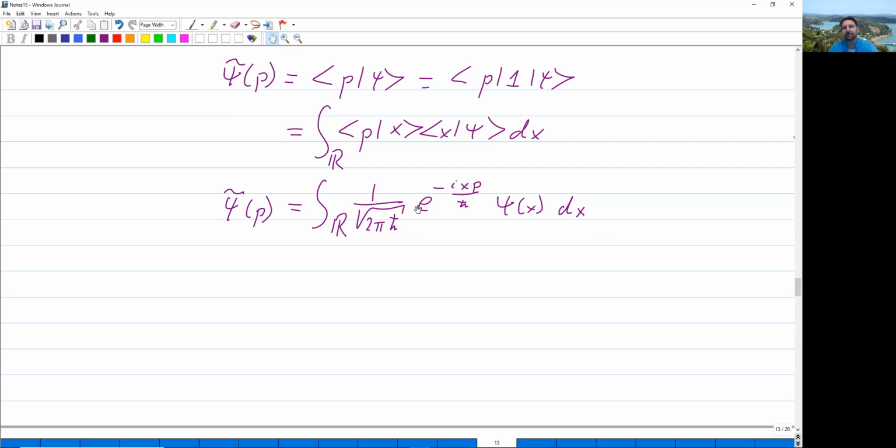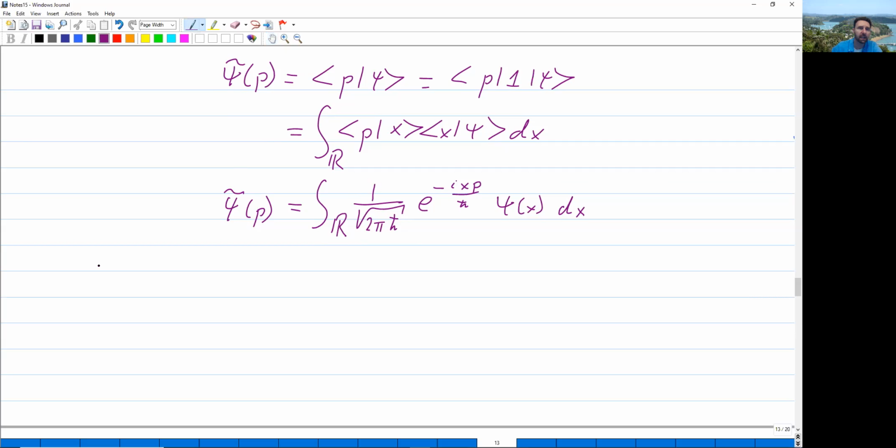Whenever you go from one basis to another, you get some sort of transform. And sometimes it happens to be a Fourier transform, sometimes it happens to be a Hermite transform, but any kind of transform can occur. Laplace transforms and Laguerre transforms, whatever, they can all occur. It's just changes of basis in quantum mechanics.